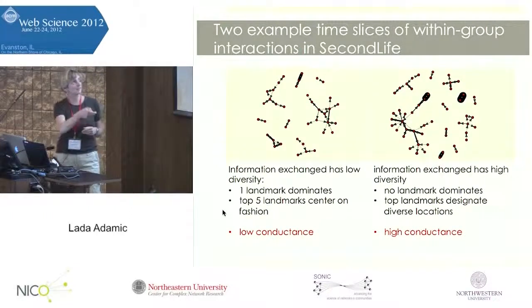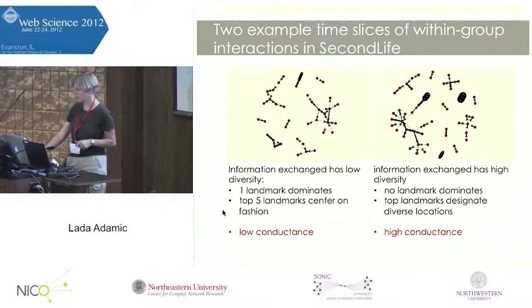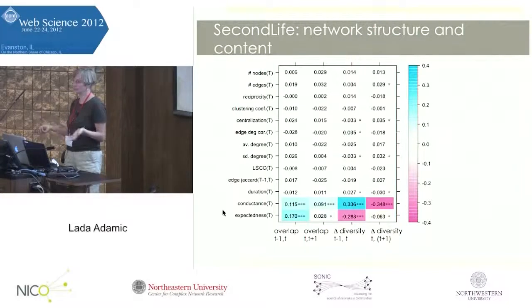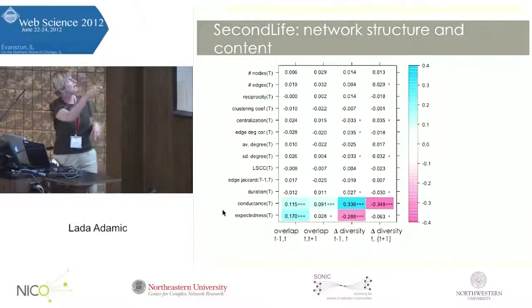In the high conductance segment, however, you have no landmark dominating and lots of diverse locations being traded. Now, when we do this overall, when we construct the time series, we have all of our network variables here, and then we have the overlap in the assets being traded and the diversity of those assets.